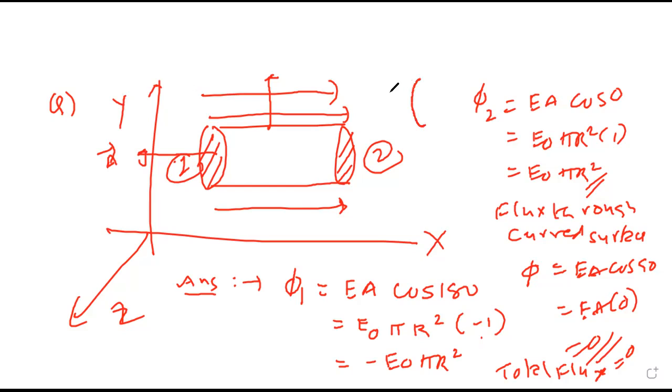And if you see carefully, here the field was entering, and from here it will come out. Entering is negative, leaving is positive. Total is 0.